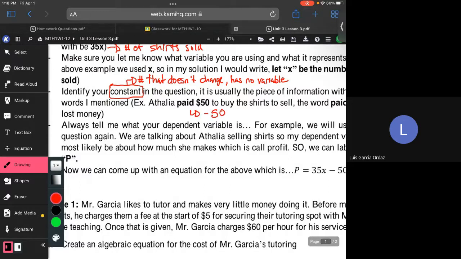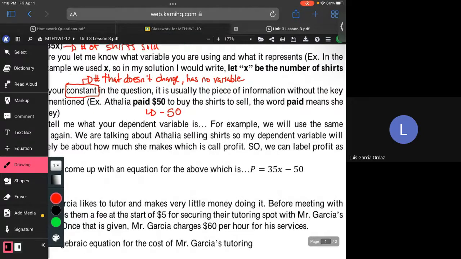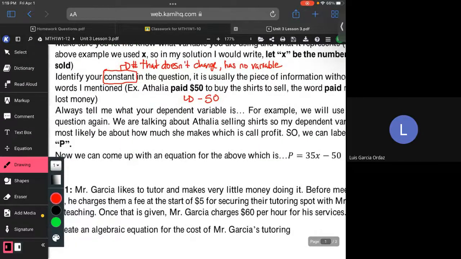So you're going to tell me always what your dependent variable is. We're using the same scenario again. We are talking about Athalia selling shirts. So my dependent variable is most likely going to be how much money she makes. So it's called profit. We're going to label that variable P. My P is my dependent variable, which is profit, because profit is dependent on how many t-shirts we sell.